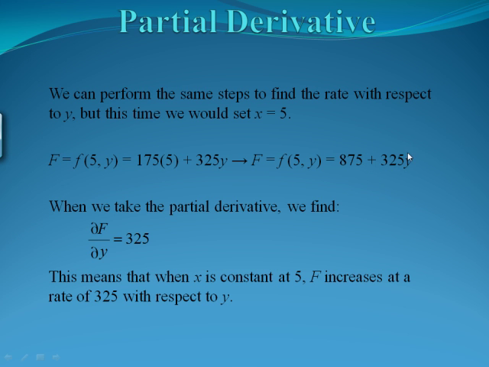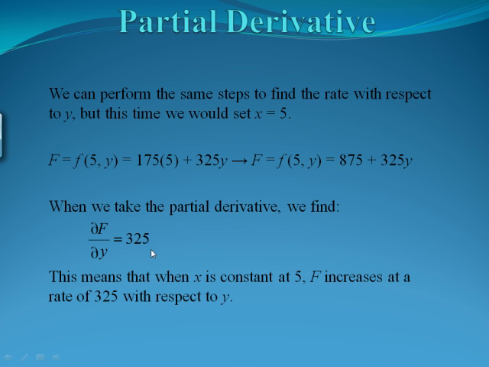Notice now again we have a single variable function, so we can take the derivative. So the derivative of 875 is 0 because it's a constant, and the derivative of 325y is just 325. So we say the partial derivative of f, the general function, with respect to y is 325.